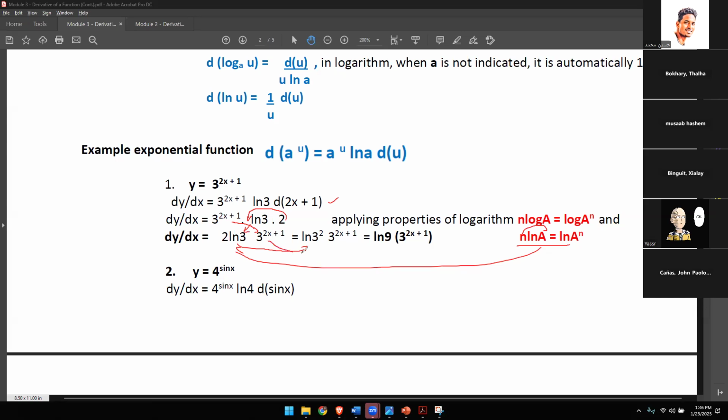And then this one is still the same as it is, just simply copy it and place it right there. Now, ln 3 squared can still be simplified by multiplying 3 to itself. 3 times 3 is 9 because 3 squared is 9. So making that one ln 9, and then this one is still the same as it is.